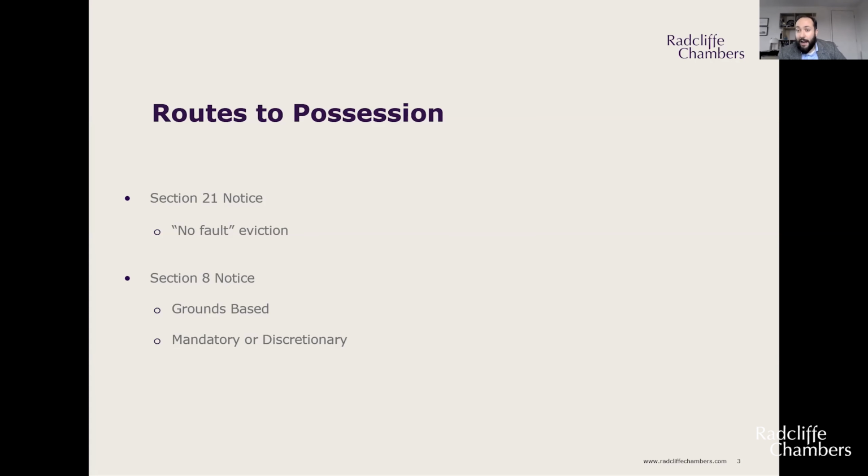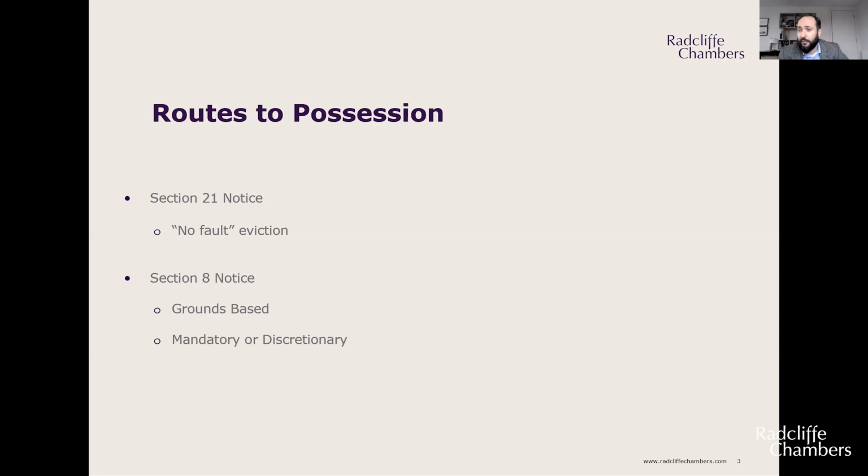Some of the grounds are mandatory, insofar as if you can establish them, if the requirements are met, the court must make the order for possession. Some grounds, however, are discretionary. So even if you can show that there is some persistent delay in paying rent or something like that, under some of the grounds, you may not get the order if the judge doesn't think it's just and reasonable.